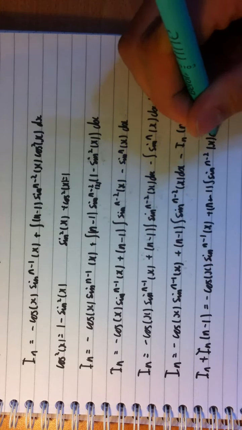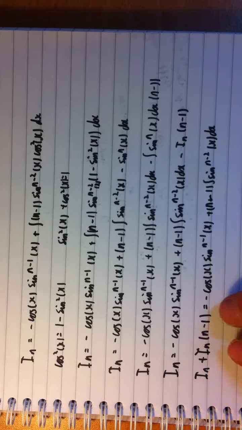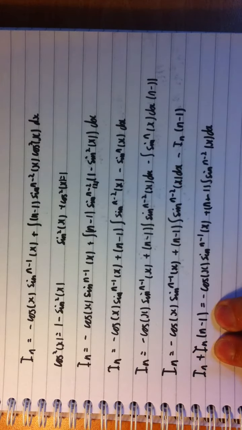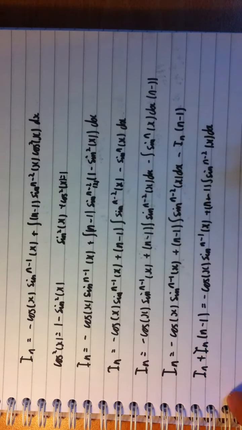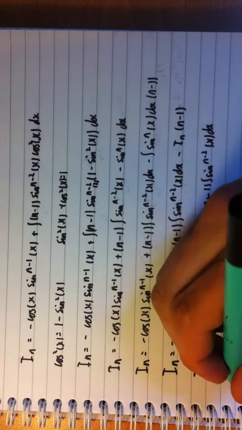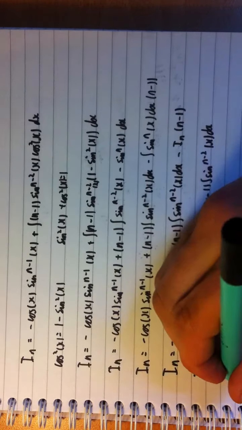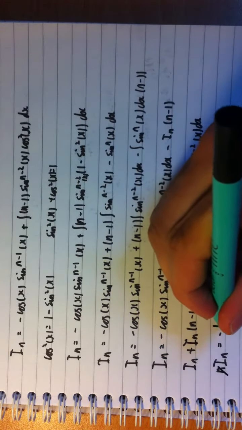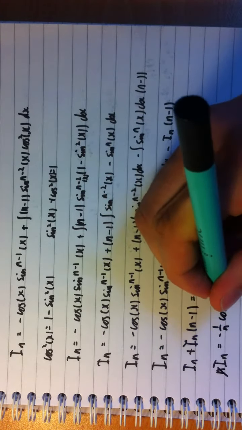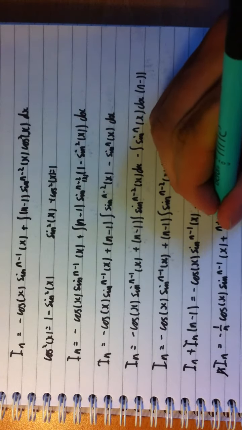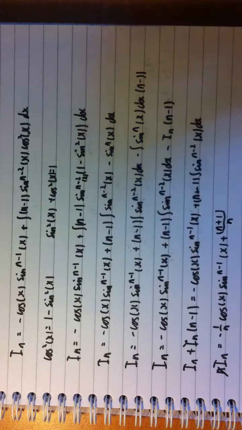This can be expanded and then rewritten, and I_n plus (n-1) I_n becomes n I_n, so I_n equals the rest. If I divide through by n, then I have minus 1 over n cos x sin^(n-1) x plus (n-1) over n.